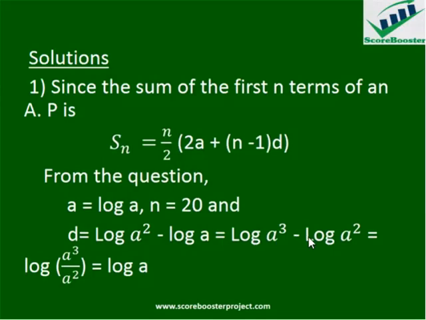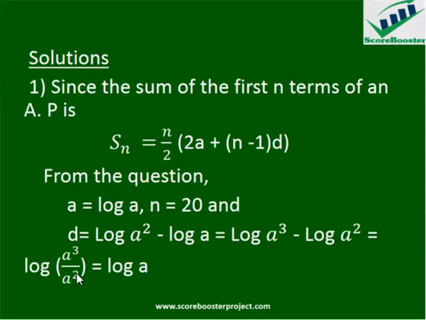We prefer to choose this, and according to the rule of logarithm, log A minus log B is the same thing as writing log of A divided by B. So log a cubed minus log a squared equals log of a cubed divided by a squared.